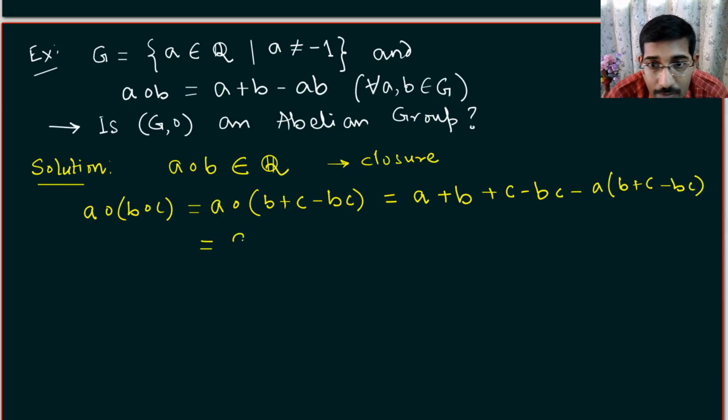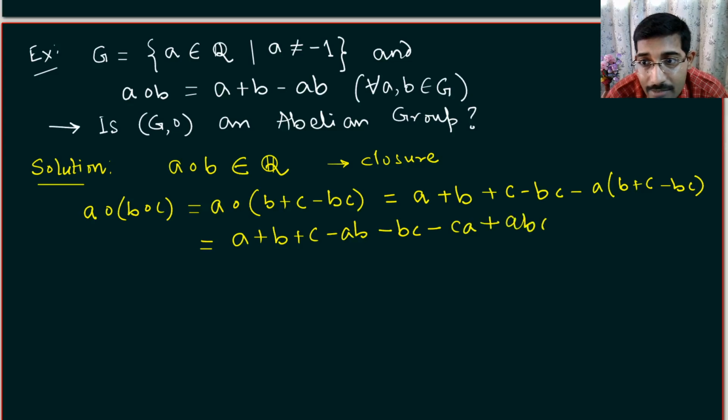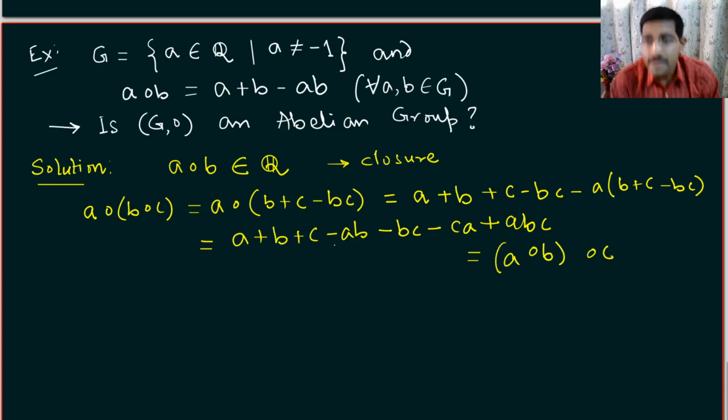If you compute this, it will come as A plus B plus C minus AB minus BC minus CA plus ABC. And if you compute this also, doing A∘B first followed by C, this will be the same as this. So the associativity holds. This says that you have also proven the associativity.